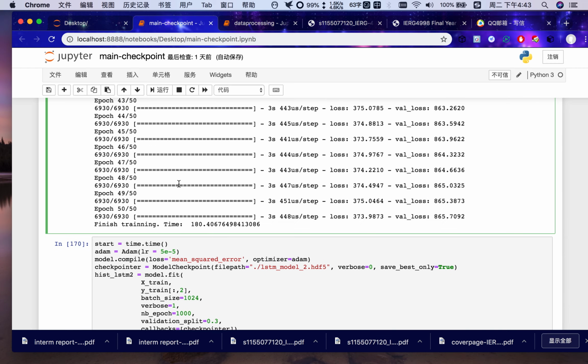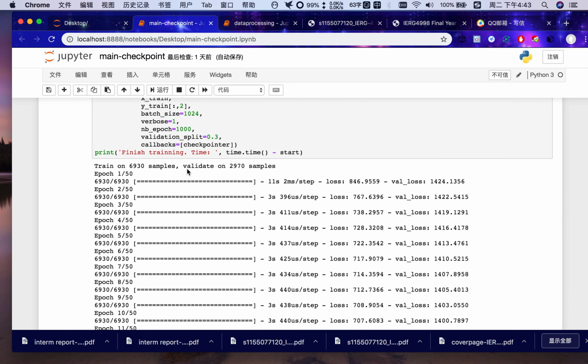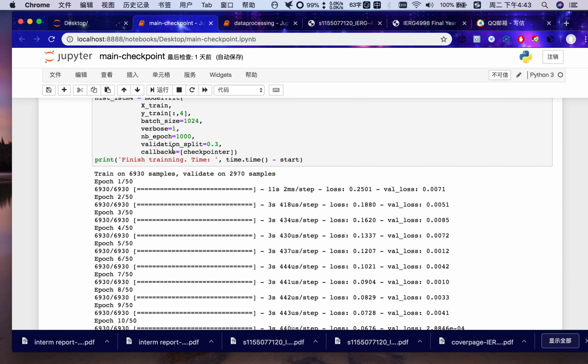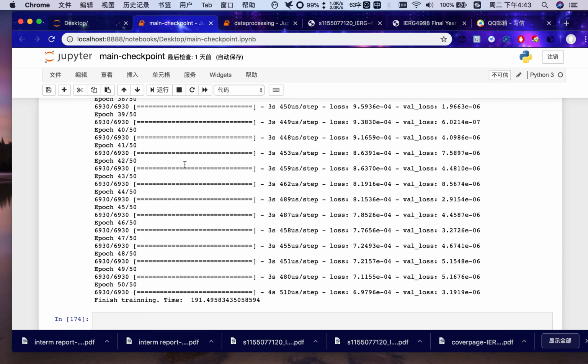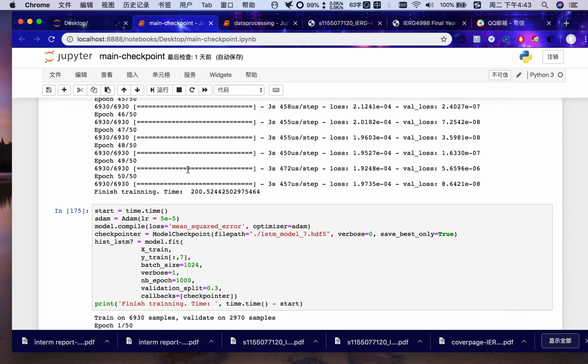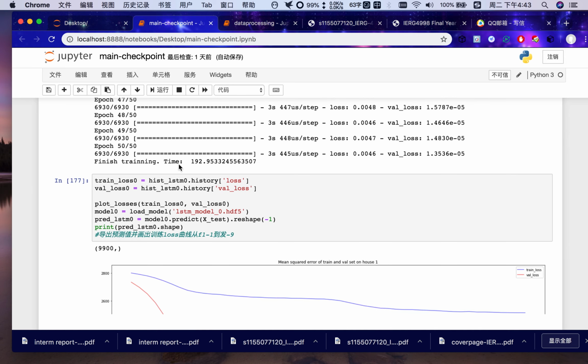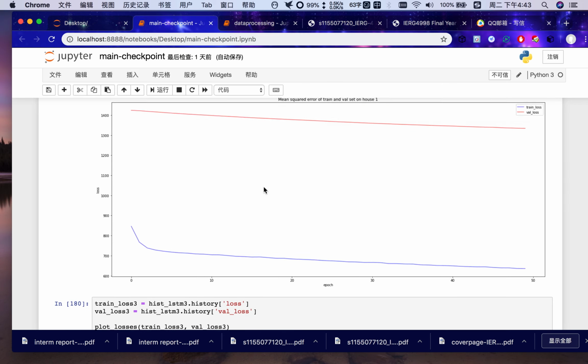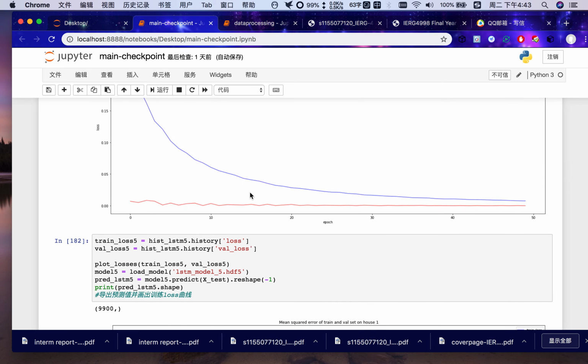We do this on all the electronics, nine times, and finally we carry out the loss curves of each piece of equipment.